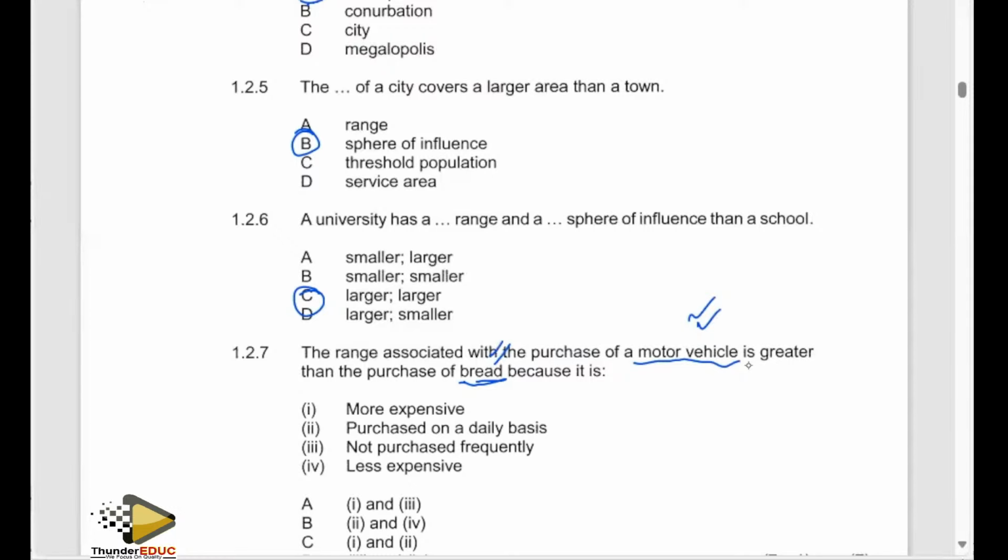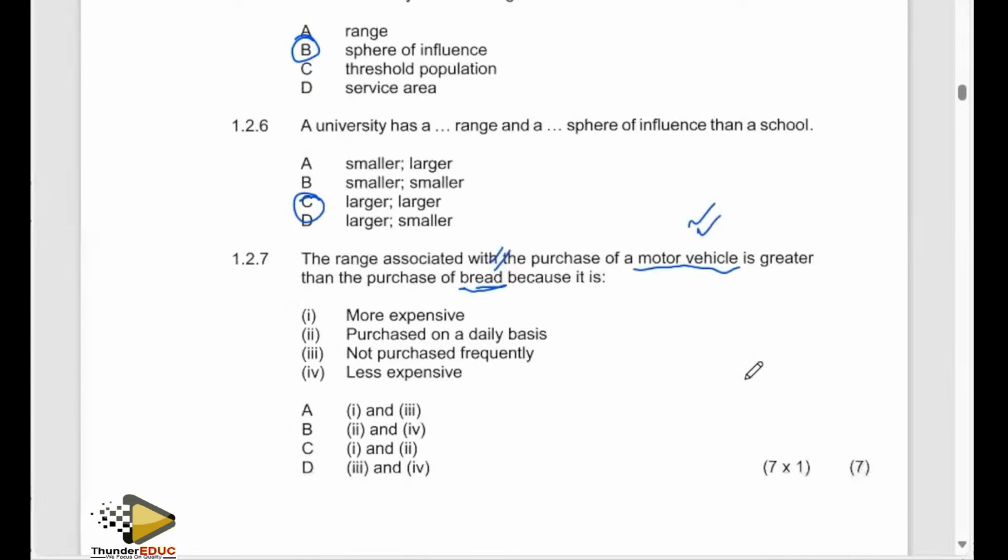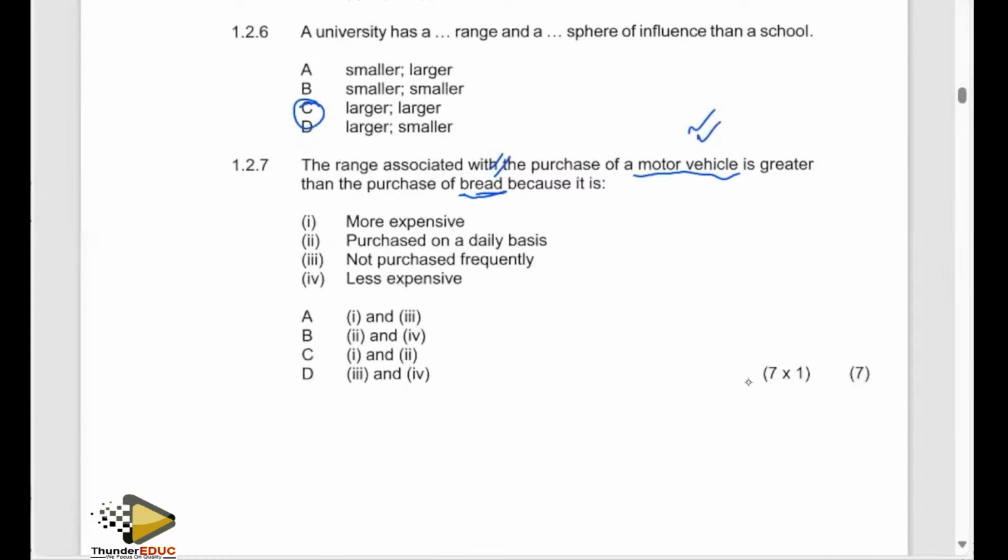So we are saying in that response, a motor vehicle is more expensive than bread.